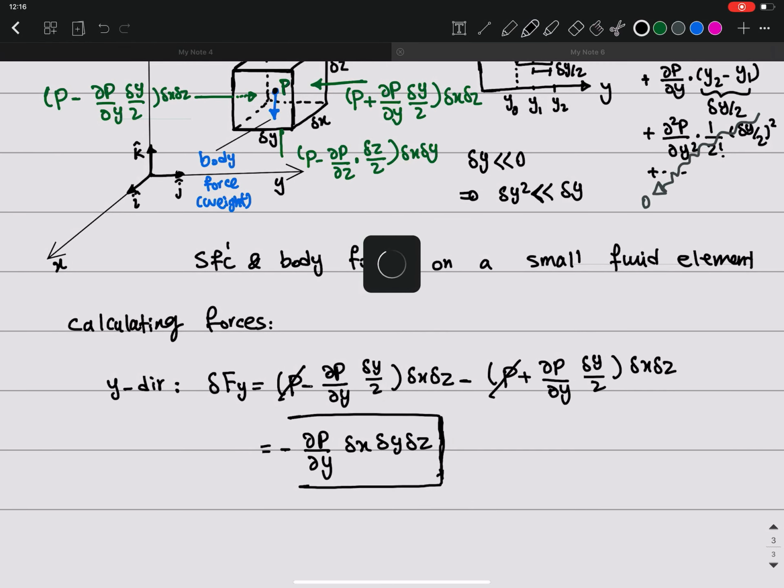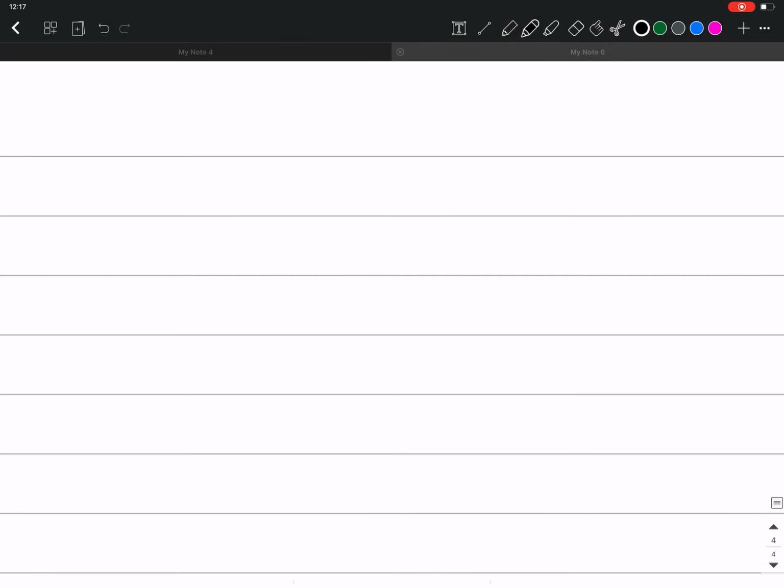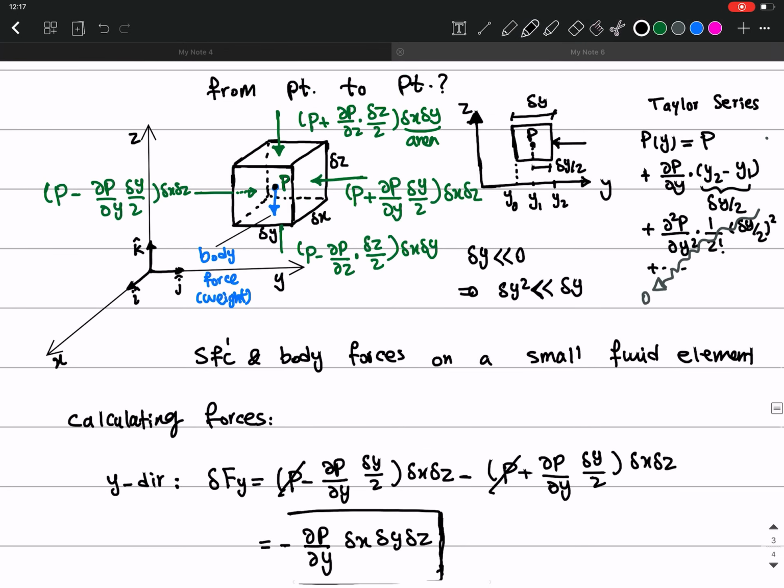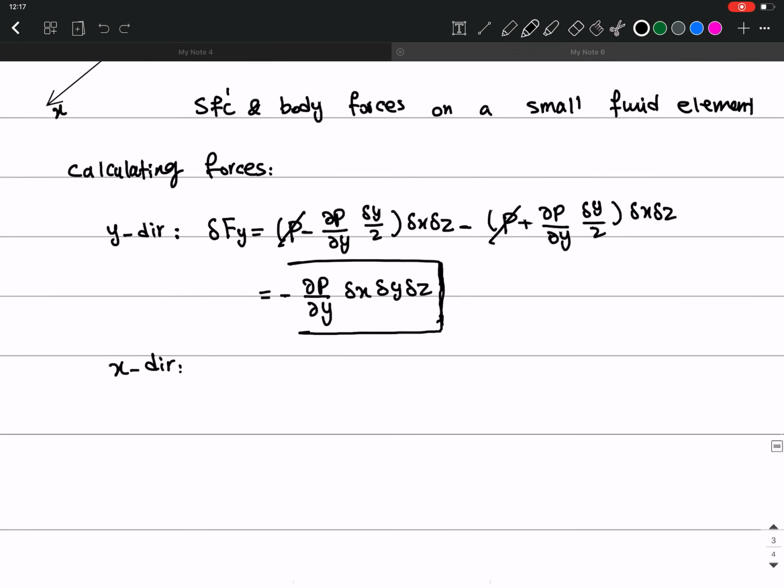So let's see the other directions. In the X direction, because everything is also the same, we don't have any additional forces in this direction. It's just a pressure force.